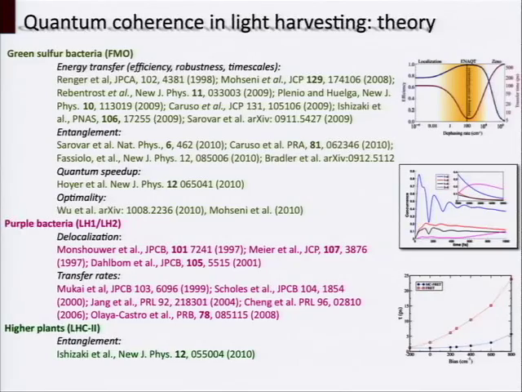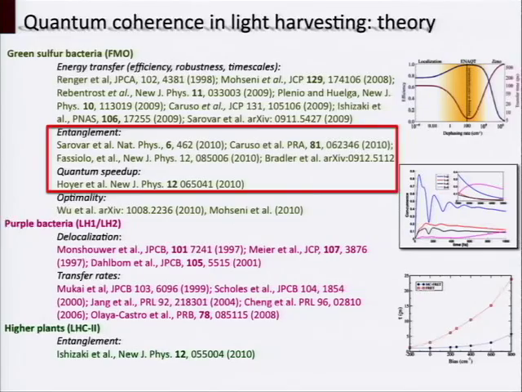People have also looked at more exotic quantum properties like quantum entanglement and speed-up in a dynamical sense, and I'm going to talk more about these two topics later in the talk. Another topic, which Masoud will again present on, is the optimality of the system. Is it really tuned to do what it's meant to do, or is it not really optimal at all? I'll let Masoud answer that question, since he's done the work there.